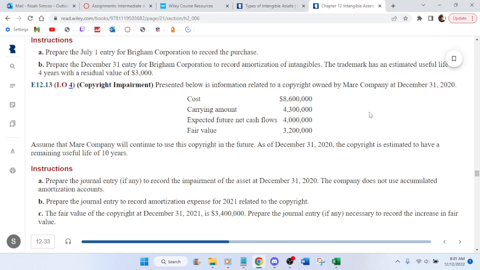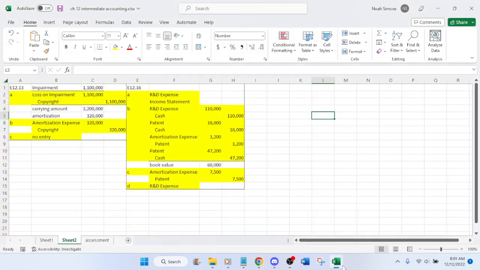So what is it going to be recorded as? What's the journal entry? I need to come up with this on my own. So you have loss on impairment of 1 million. Or no, it's going to be 1.1 million. Loss on impairment 1.1 million, and decrease the copyright account by 1.1 million.